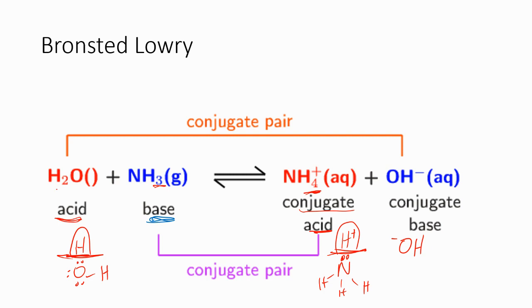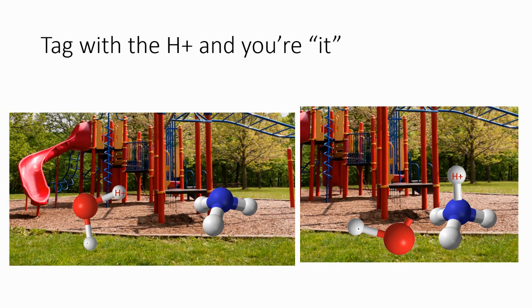So the conjugate pair is the acid and the base it becomes after it gives up the H. And the base is what picked up the H, and its conjugate acid is what has the H now that it picked up the H. So it's sort of like a game of tag, right? So here's the H, and here's the amine, and then it tags the amine with the H. So now the amine is it, right?